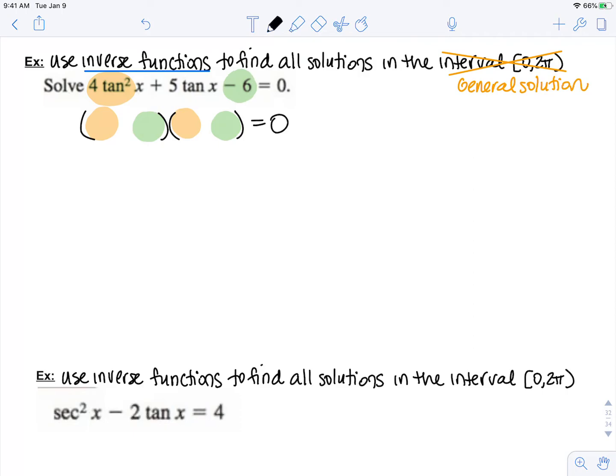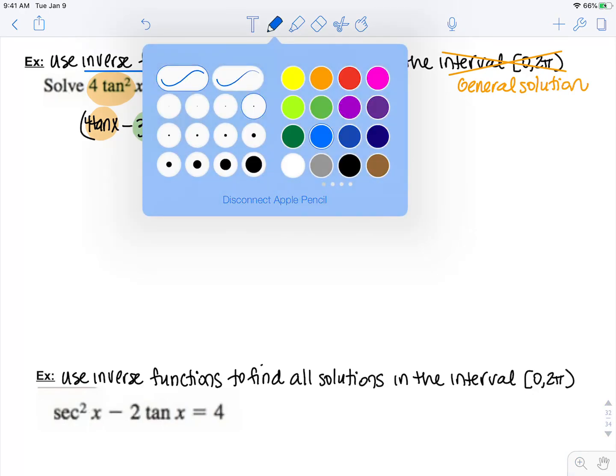Now in guessing and checking, you should see that 4 tangent x and tangent x along with -3 and +2 work the best. Because if I check my inner and outer smiley faces, I get -3 tangent x plus 8 tangent x, which is 5 tangent x.